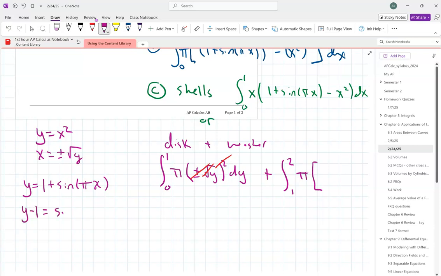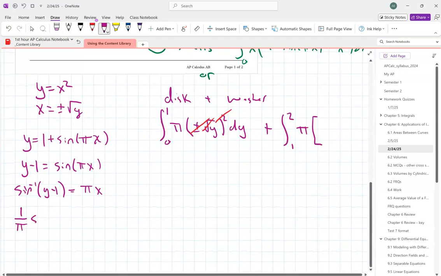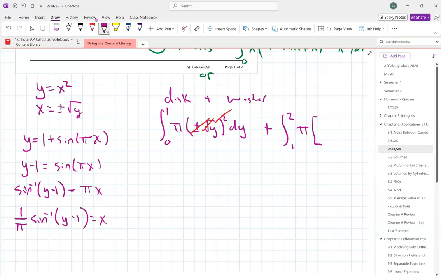So when I solve this for x, is that okay there?